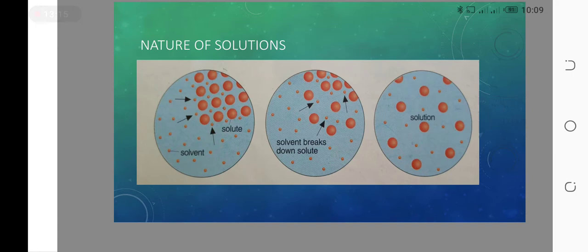Now come towards the second diagram, in which you can see that the solvent breaks down the solute particles. After the solute breaks down into tiny particles such as atoms or molecules, in the third diagram you can see that the solute is completely and evenly mixed with the particles of the solvent.